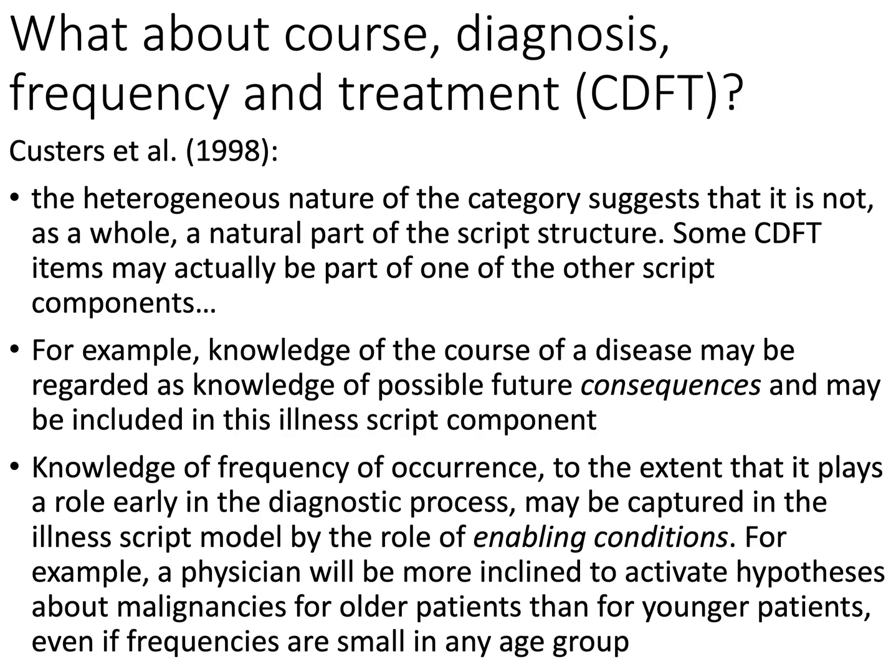Knowledge of frequency of occurrence, to the extent that it plays a role early in the diagnostic process, may be captured in the illness script model by the role of the enabling conditions. For example, a physician will be more inclined to activate hypotheses about malignancies for older patients and for younger patients, even if frequencies are small in any age group. So essentially, information about the course, diagnosis, frequency, and treatment are components of the original enabling conditions, faults, and consequences.